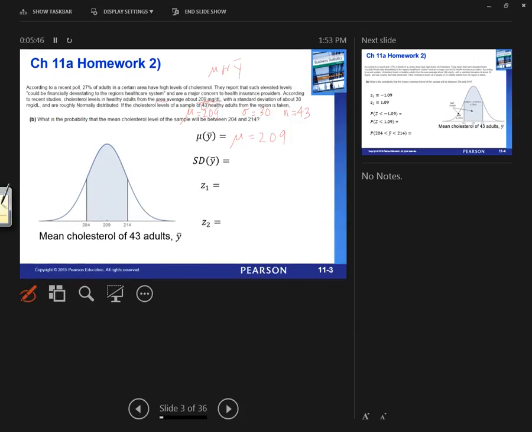The standard deviation is sigma over the square root of n, and sigma is 30 and n is 43. Let me put that in my calculator: 30 divided by the square root of 43, and I get 4.575.